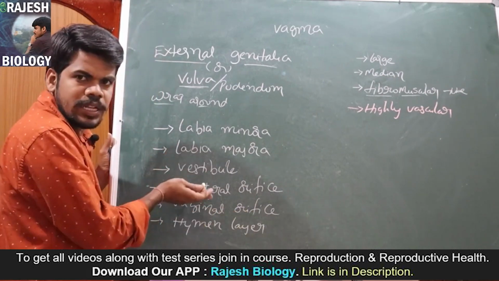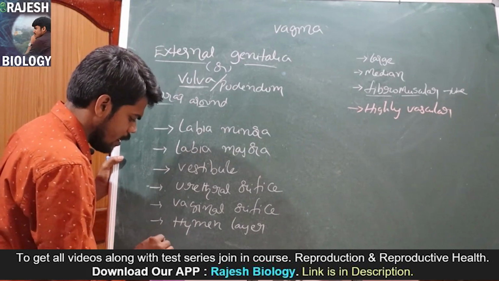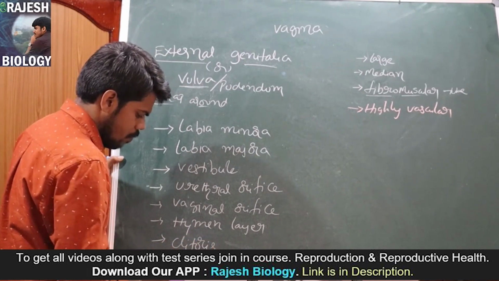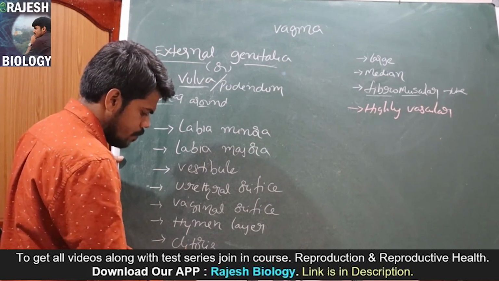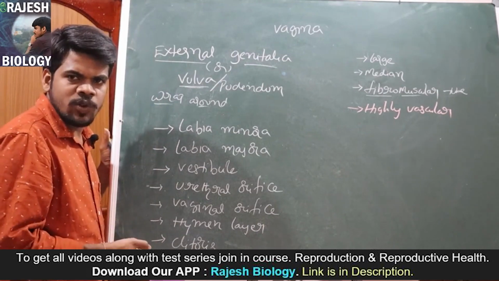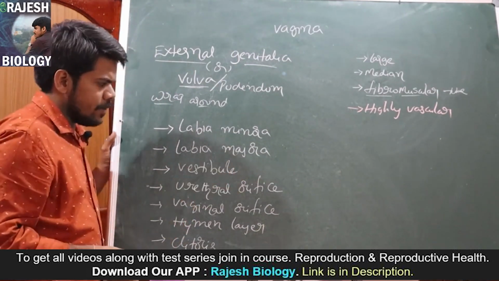These are the things we are going to discuss now in external genitalia: hymen layer, clitoris, mons pubis. Remember these words and try to say them twice. Then I will show each and every part in the diagram.